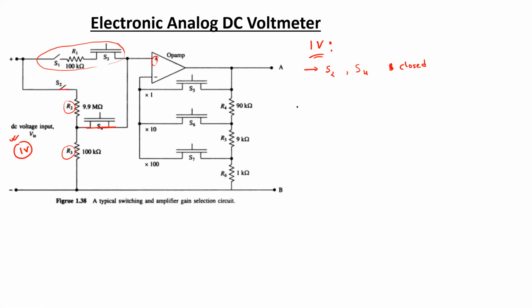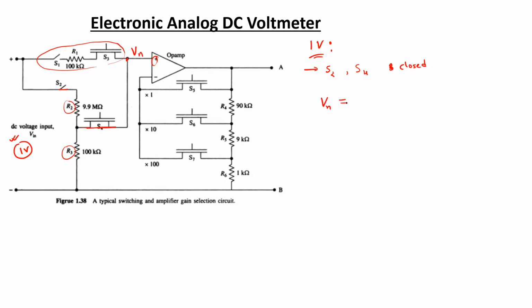So here, if the voltage divider is considered, let's say the voltage that is coming over here, let me denote it as Vn. So what would be the value of Vn?